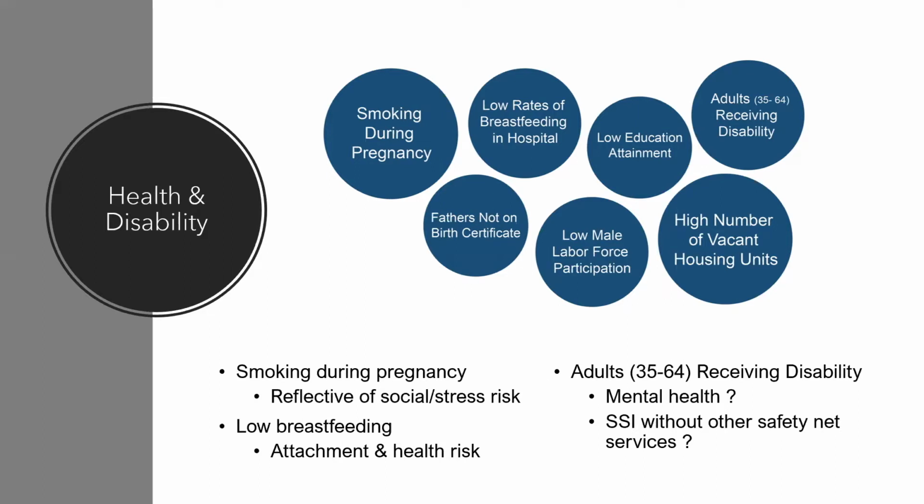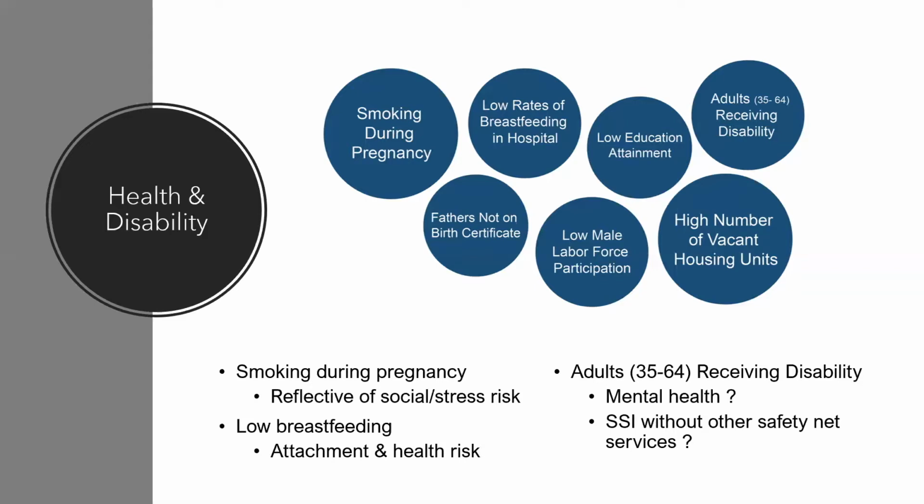So when we're thinking about adults receiving disability service and what that means for these communities and what risks we see in these communities, what we think is that this may be reflective of a concentration of unmet mental health needs in our communities. And what it could also mean is that we have a lot of people who are receiving Social Security benefits, but not receiving other safety net services.